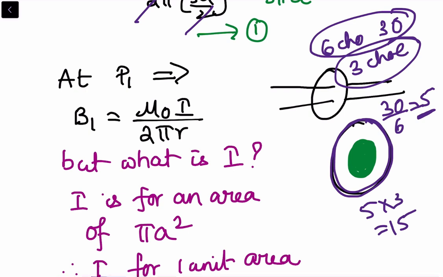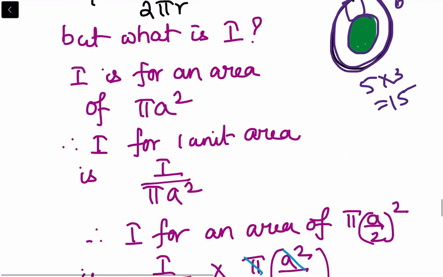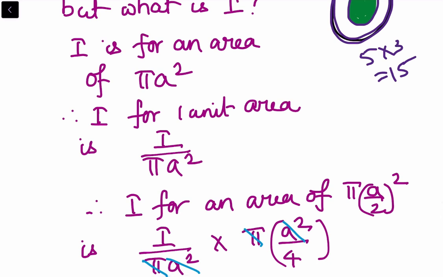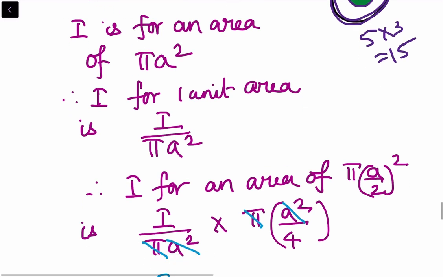You have to take how much current is passing for 1 unit. Once you get it for 1 unit, you multiply with the area of this green color, and then you get the current passing through the inner radius a by 2. I have calculated that and kept it ready. I is for an area of pi a square. Therefore, for 1 unit area, you divide I by pi a square. That is what I have done here.